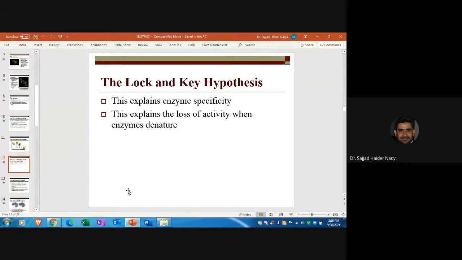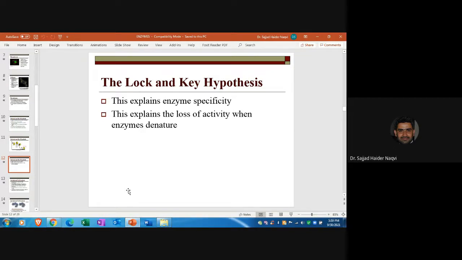Because, as I said earlier, enzymes are protein in nature. And you know the protein functions: if for any reason the protein undergoes unfolding or any change in the structure because of any change in the conditions, we say that this protein becomes denatured.